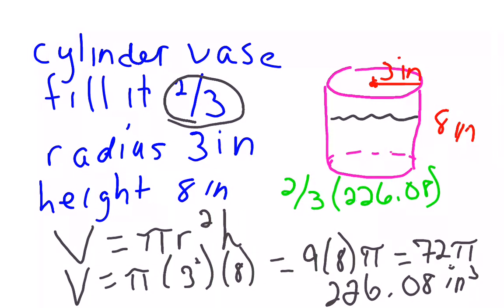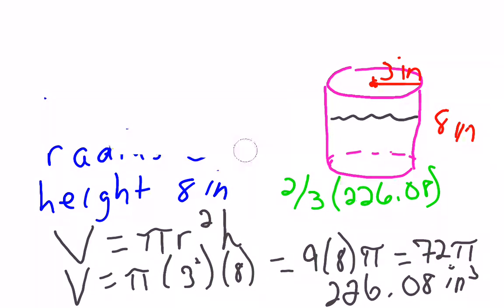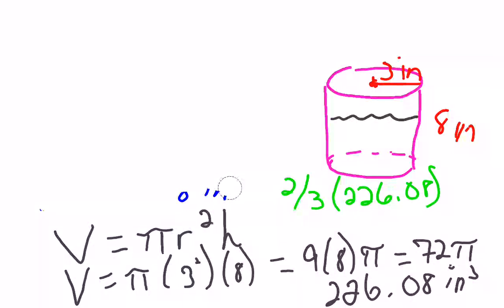Now we can do this a couple of different ways. So let me do some erasing here so we have some more room on our page. So filling it 2/3 full means we need to do some math here. All right.